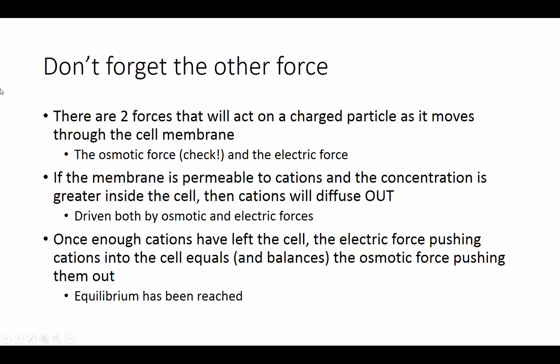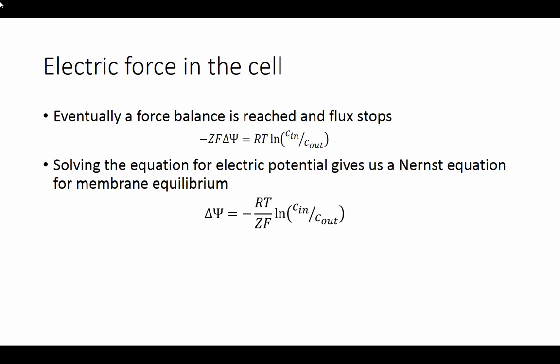If the membrane is permeable to cations and the concentration is greater inside the cell, cations will come out, driven both by osmotic and electric forces. Once enough cations have left the cell, the electric force pushing cations in equals and balances the osmotic force pushing them out. Thus, equilibrium has been reached in this case. But we have an electric force in the cell to worry about too. Eventually the force balance is reached and the flux stops.